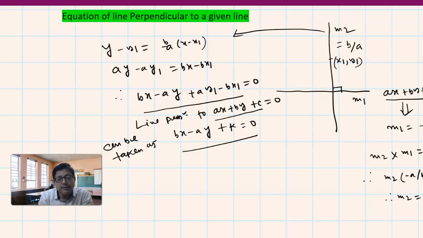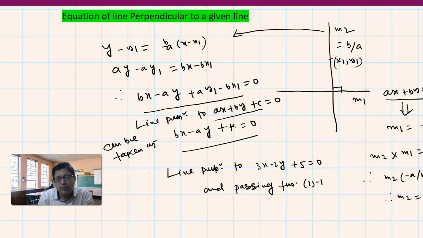For example, suppose a line perpendicular to 3x minus 2y plus 5 equal to 0 and passing through 1, minus 1 is required.